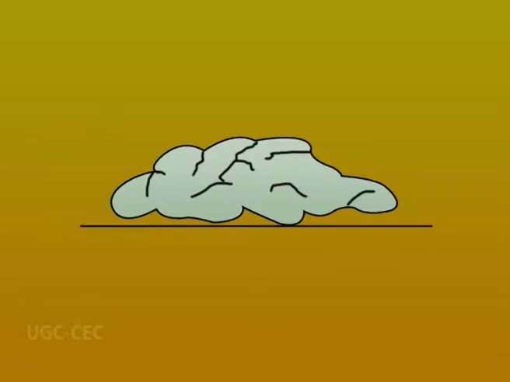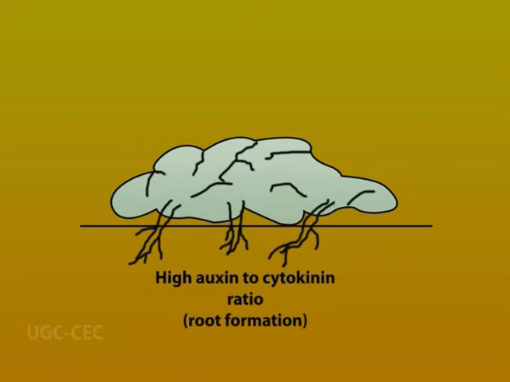Different ratios of auxin to cytokinin affect the growth and morphogenesis of callus. A high auxin to cytokinin ratio helps in root development.